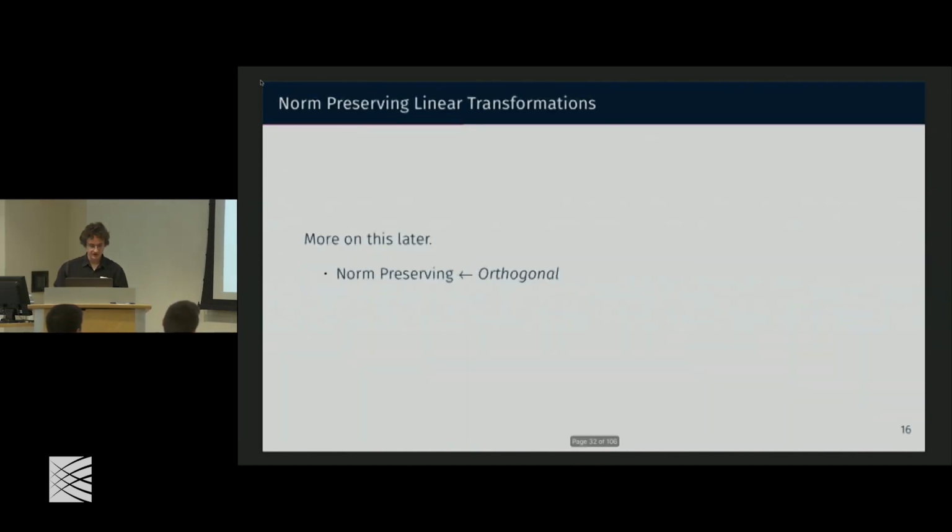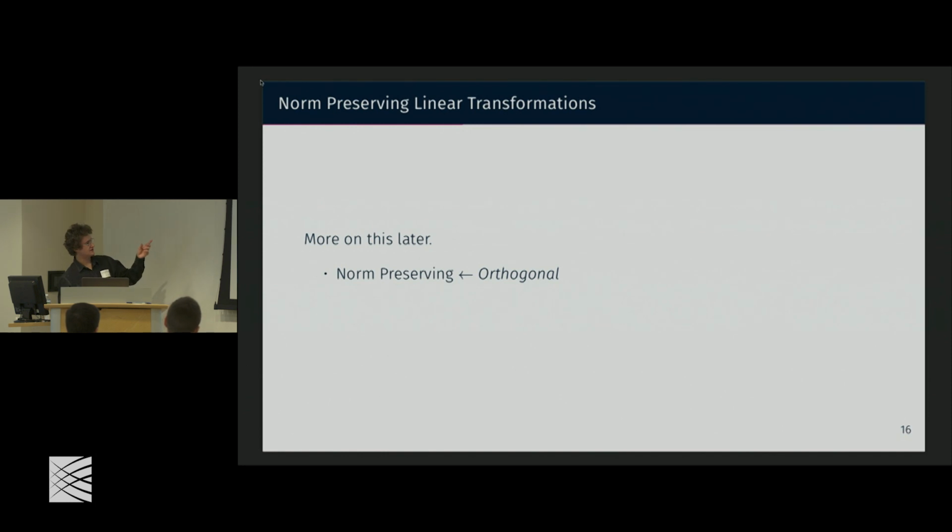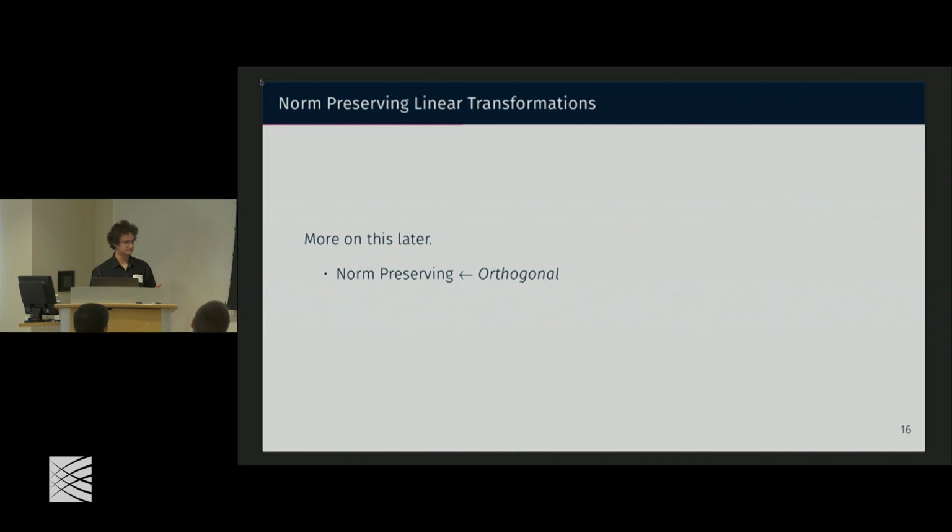Okay, on to linear transformations, norm-preserving linear transformations. James will talk much more in depth about this. I'll just make 2 quick remarks. It suffices to make sure that our linear transformations are orthogonal for them to be norm-preserving. And what this really means geometrically is they're not allowed to either expand or shrink the size of the vectors they operate on, but they're allowed to rotate or flip.